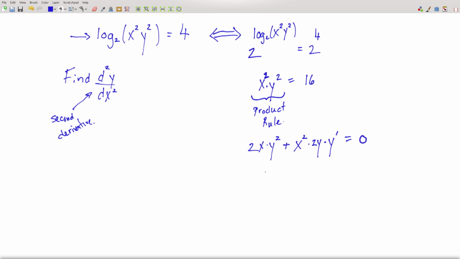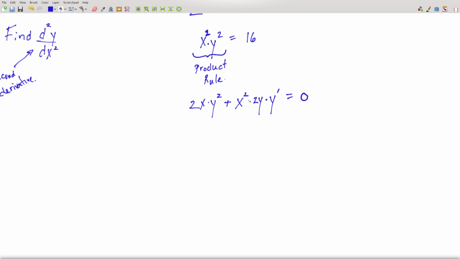Let's try to isolate this y prime so we know what the first derivative is. This is what we're trying to get by itself. And so I'm going to move the 2x times y squared to the left hand side by subtracting. So we're subtracting 2x y squared from both sides.